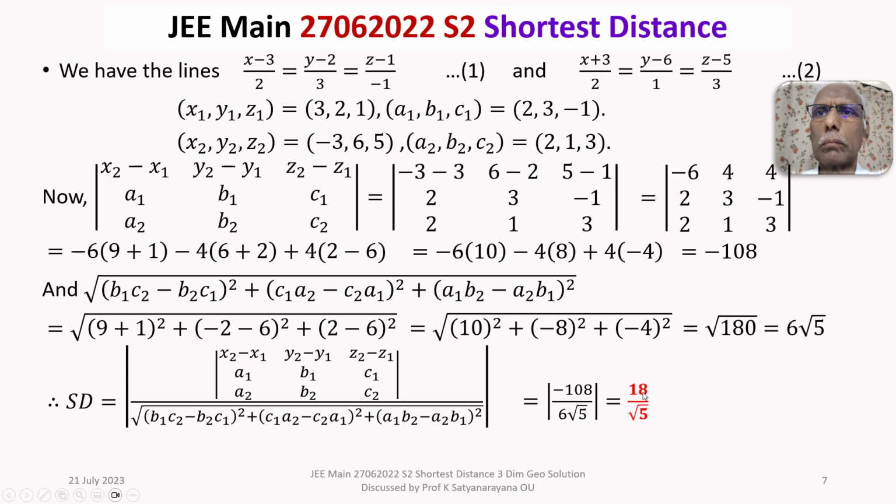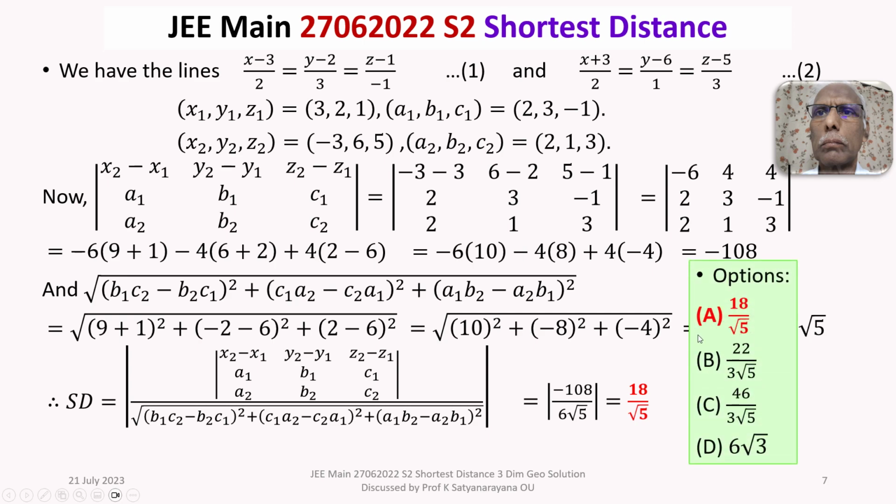On cancellation, you will get 18 by root 5. Let's look at our options. Our answer 18 by root 5 for the shortest distance appears against option A. Therefore, the answer for this question is option A.